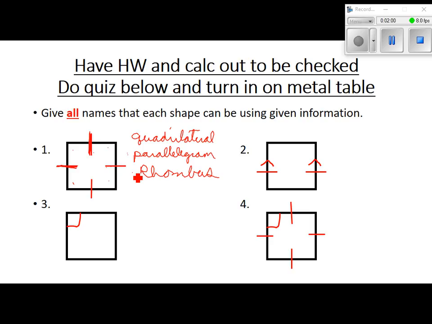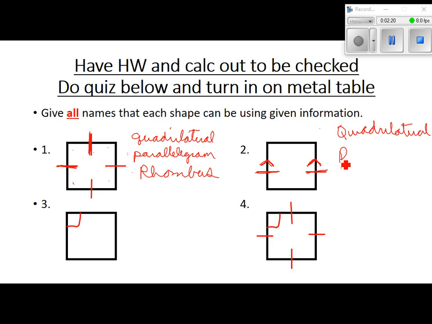Number two, we had 5 ways to prove something was a parallelogram. Well, one of them said that if one pair of opposite sides are parallel and congruent to each other, then it's a parallelogram. First thing we know, it's a quadrilateral again, because it's got 4 sides.